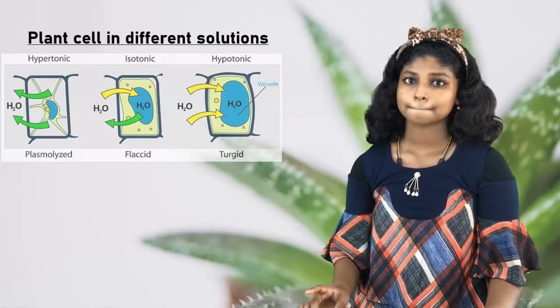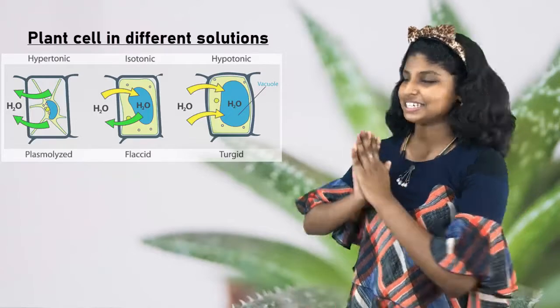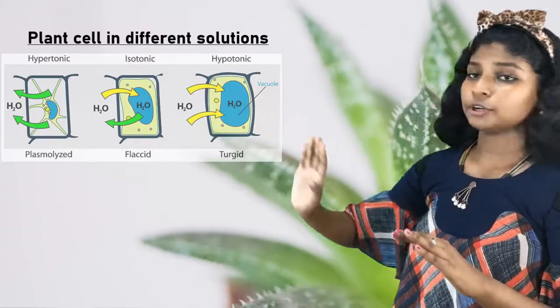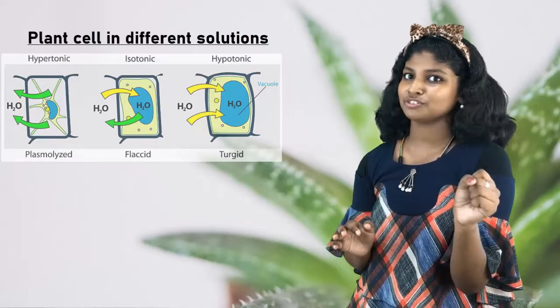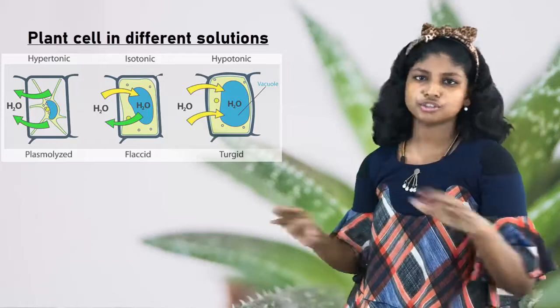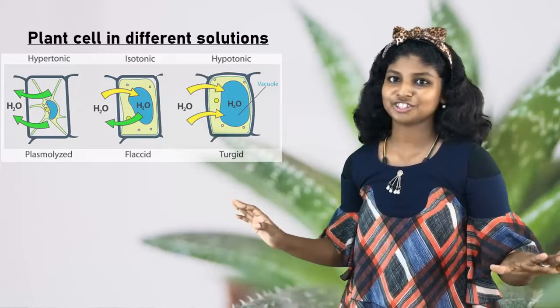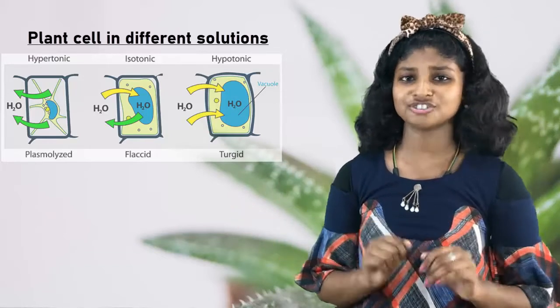So in plant cells, in the hypertonic solution the plasma membrane shrinks, in isotonic no changes, and in hypotonic no changes. So hope you understood this.